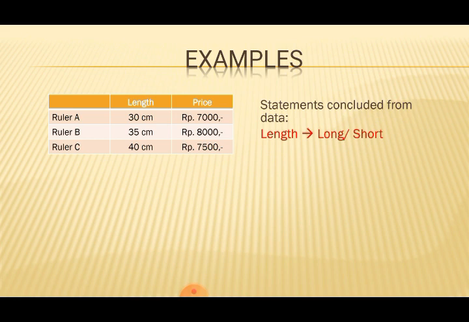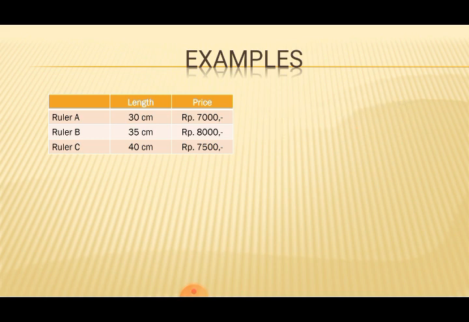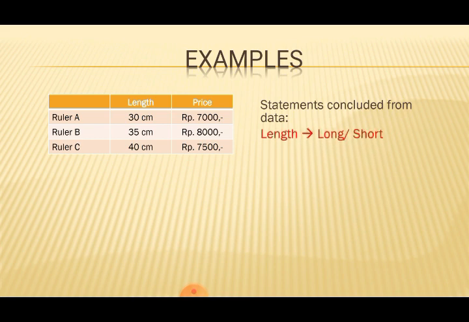To conclude the statements from the data, we need to find the adjective first. The first one is for length. The adjective for length are long and short, panjang dan pendek. And the adjective for price are expensive and cheap, mahal dan murah.